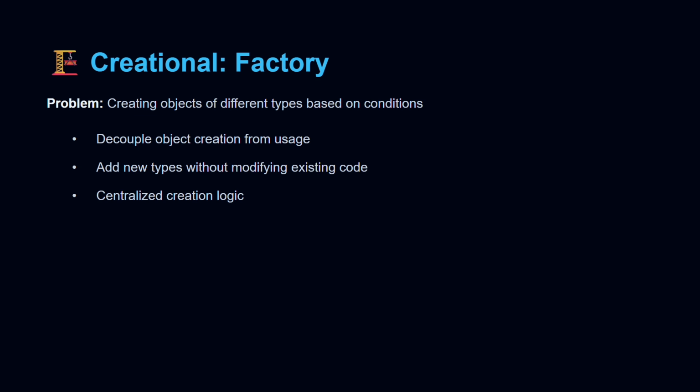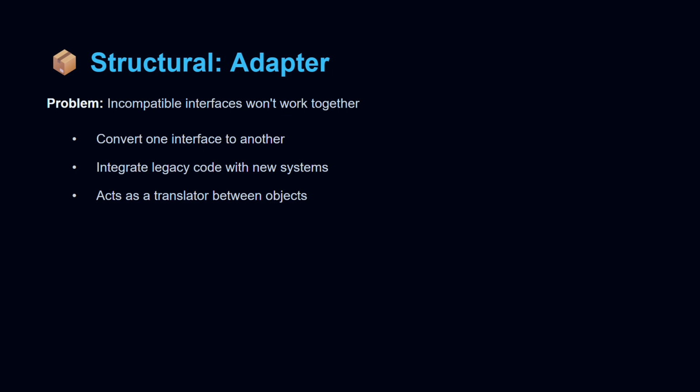Factory pattern provides decoupled object creation, and lets you add new types without modifying the existing code. Centralized creation logic is very important. Think of it like an assembly line where you request an object type and the factory builds it for you.